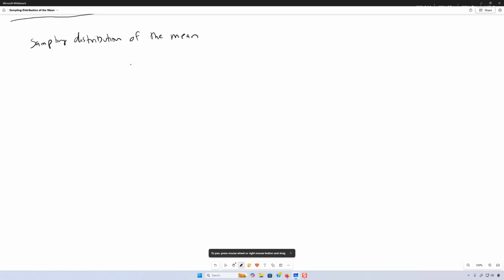This basically means that if we took a sample of a given size, I repeatedly take samples of size n, whatever your sample size is, right?